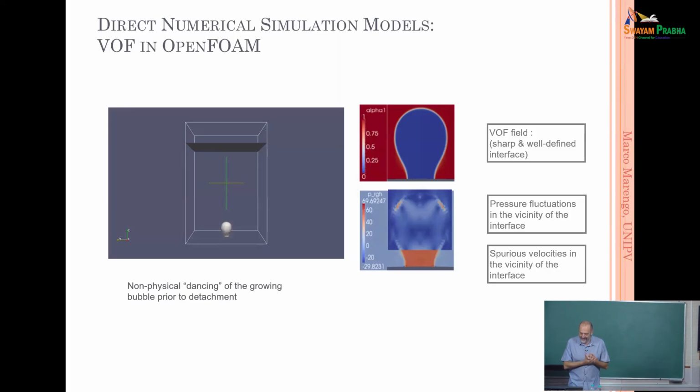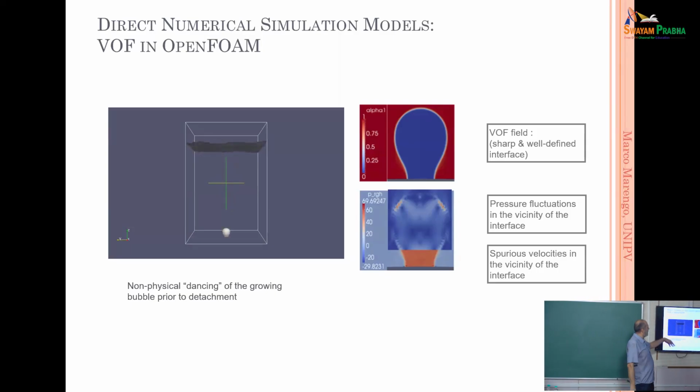You will see that it's not even going to follow a trajectory to the center, but is still moving a little bit. In this case it's going to the right. The next simulation is going to the left, because it really depends on the situation. And then you have the bubble going to the surface, and the surface moving. This is a classical case where we have a problem with the spurious velocity at the interface.